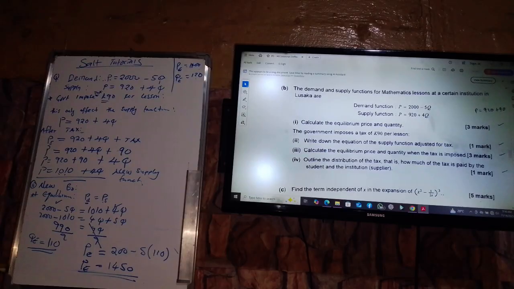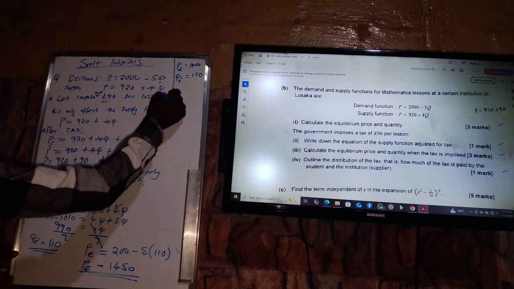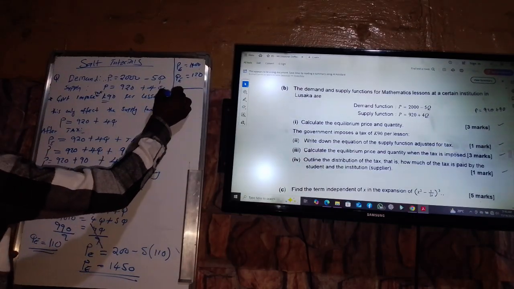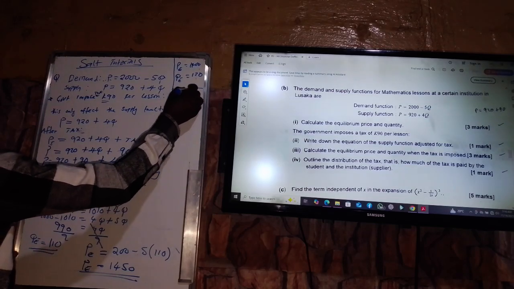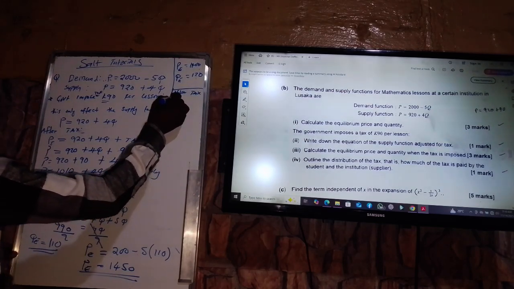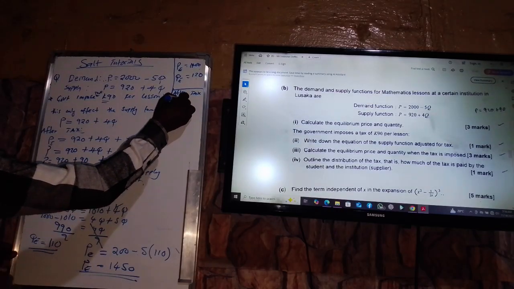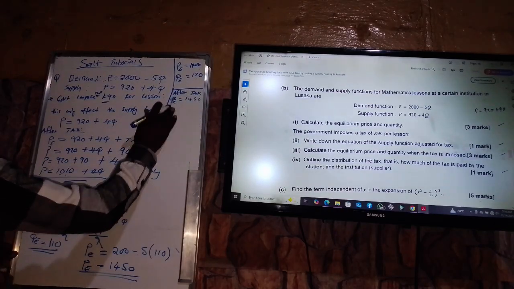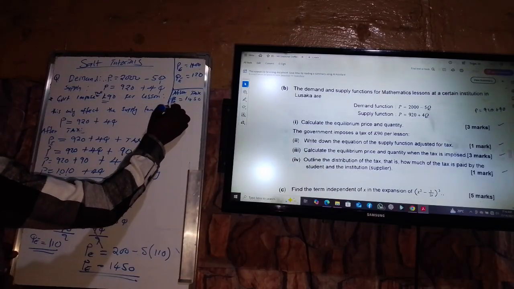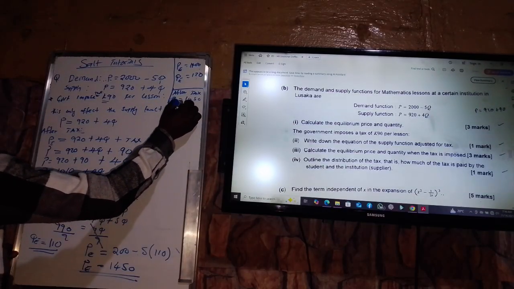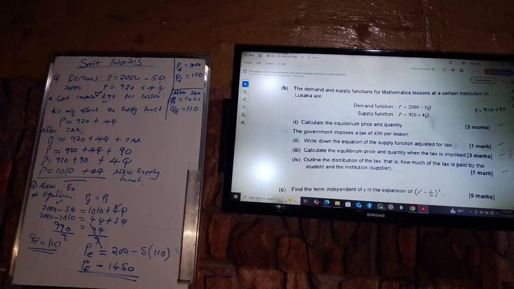So what is happening here after tax? After tax, we have PE equal to 1,450 and QE equal to 110. That's the information we have.